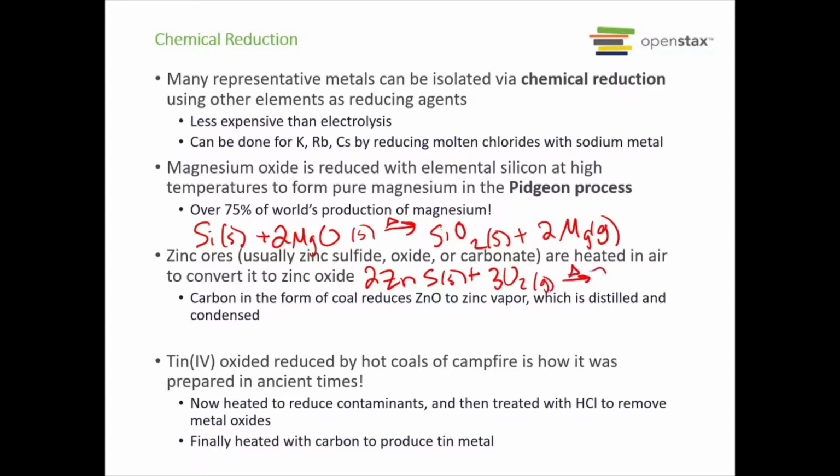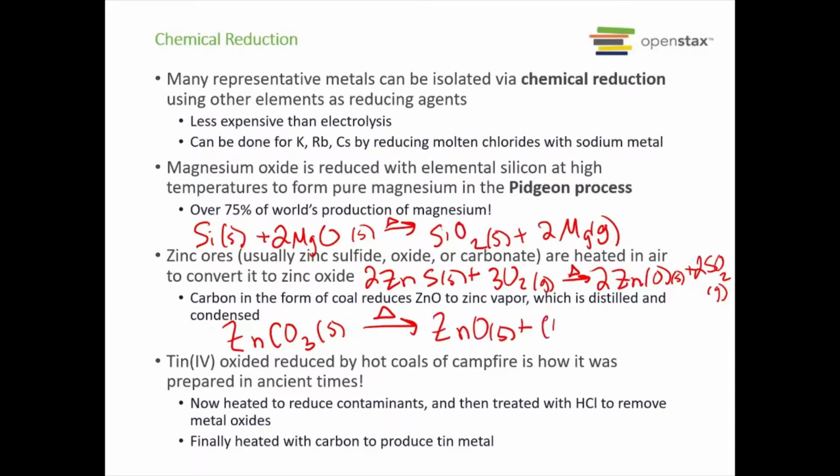And we get our zinc oxide, and in this case, sulfur dioxide. And then if we have zinc carbonate as our other ore, ZnCO3, give it some heat, and this becomes zinc oxide and CO2.